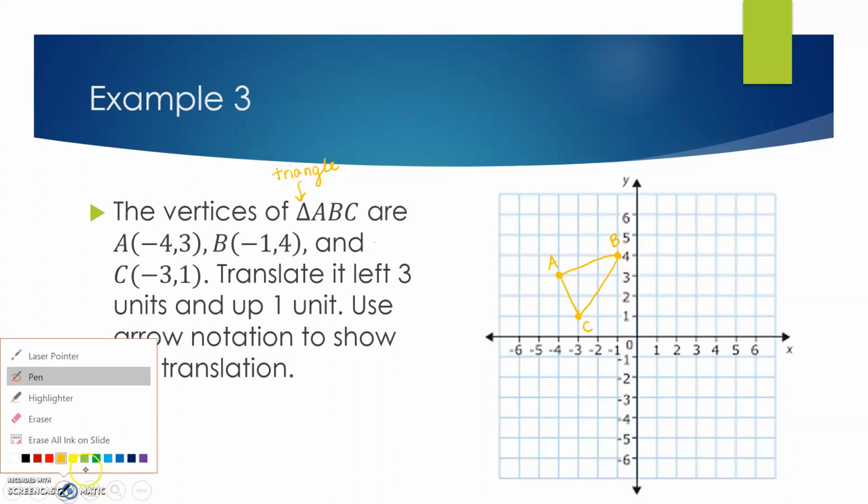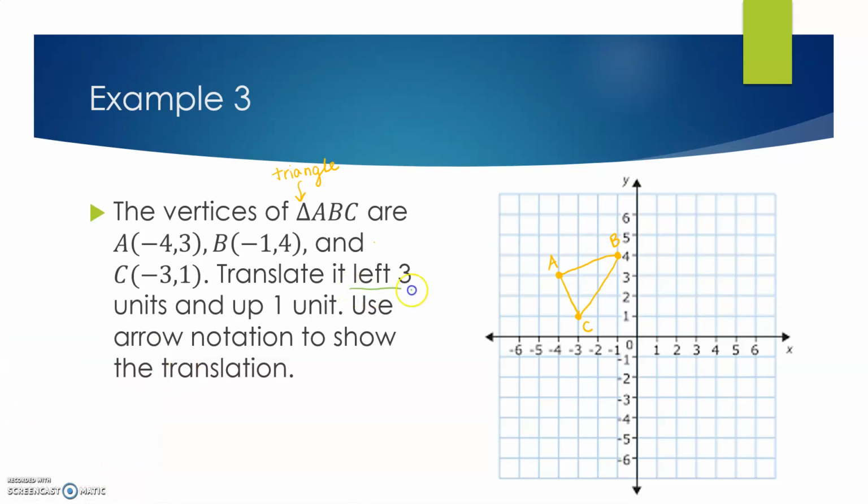Now, it says to translate it left 3 and up 1. And what we're going to do is take every single point, A, B, and C, and move it left 3, up 1. So let's start with the left 3. I'm going to go 1, 2, 3, 1, 2, 3, and 1, 2, 3.